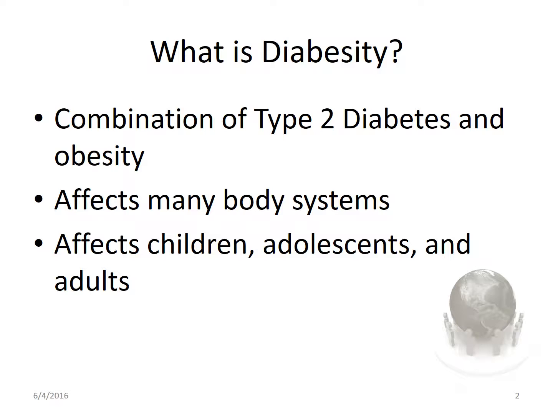The worst part of this diabesity epidemic is that children's lives are being shortened by these once-only adult disorders. The following slides will show the most recent data I could find regarding obesity and diabetes and just how prevalent these disorders have become from a worldwide perspective and then from a local perspective.